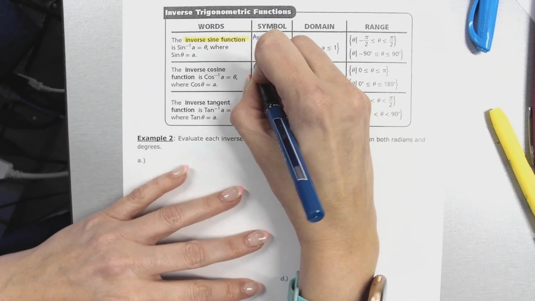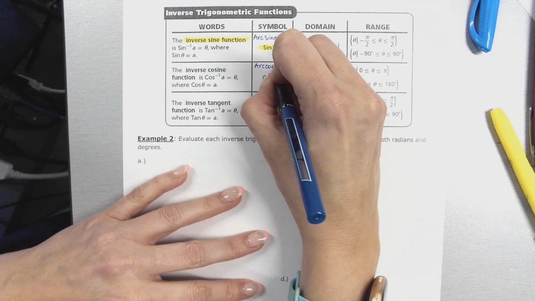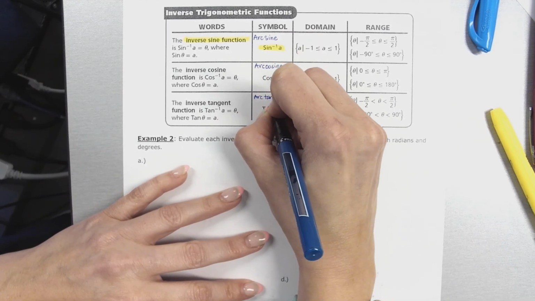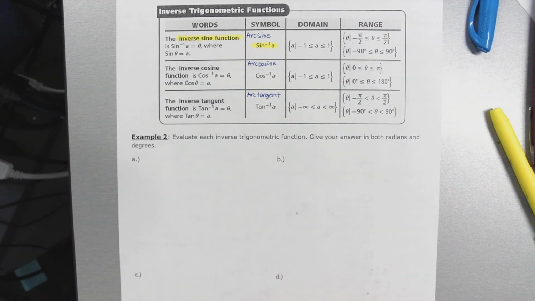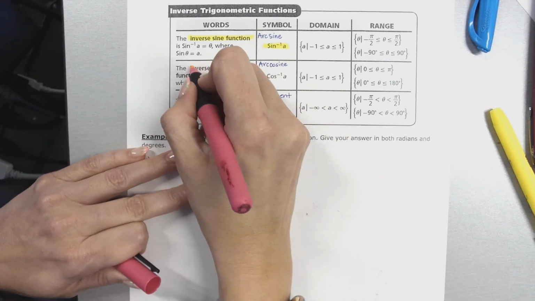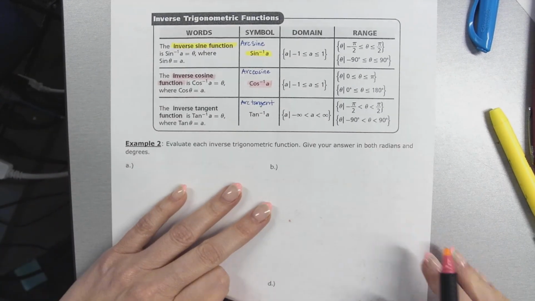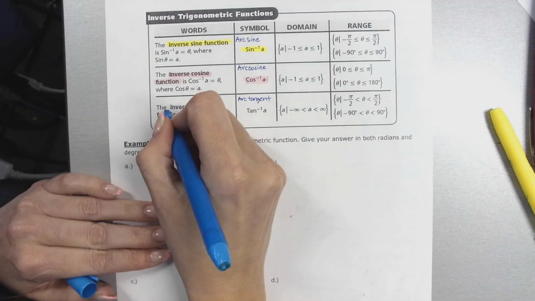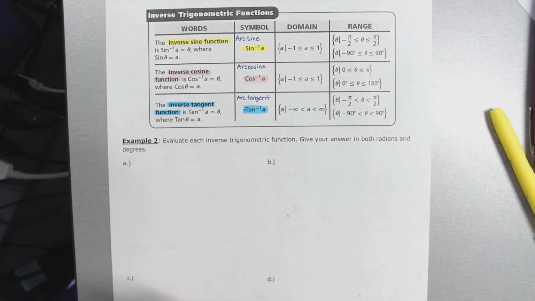And spoiler alert, it's the arc cosine as well, and the arc tangent. All right, and then for the inverse cosine, we can see that has its own notation. And the arc tangent, the inverse tangent, has its own notation.